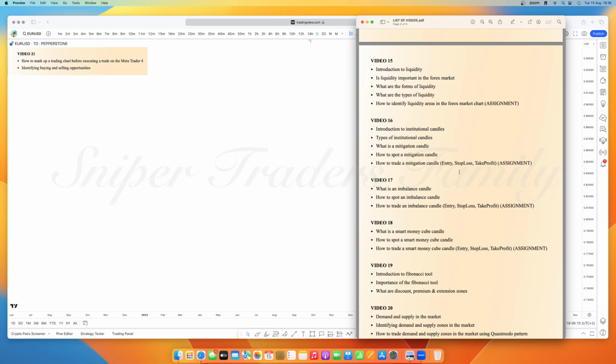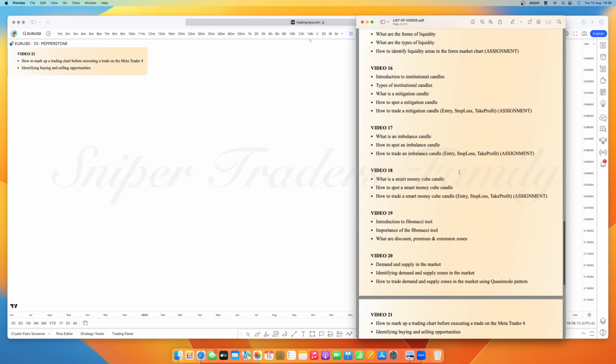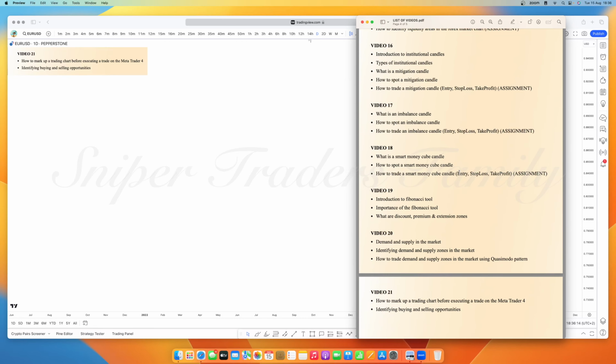And then video 20, which is the video you watched before this, I took my time to really go into demand and supply, and I explained to you what demand and supply means in a market, and then identifying demand and supply zones in the market and how to trade demand and supply zones using the Quasimodo pattern. That's it.